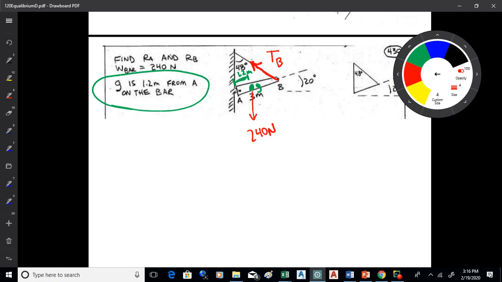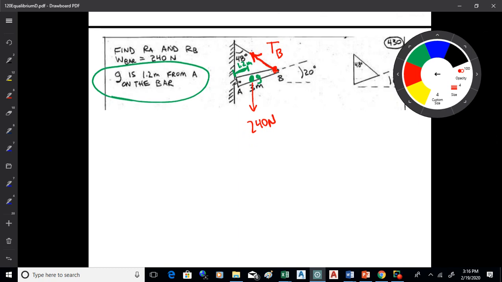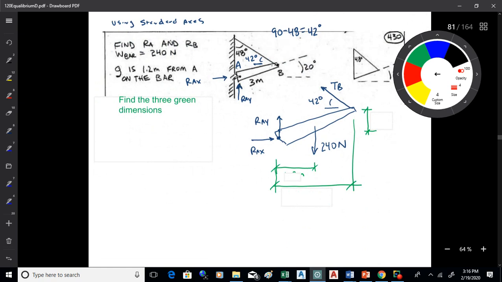Now with this approach, I'm going to have these forces, and the way we've been doing these so far, getting that one, especially at B, is going to get a little bit tricky, because I think what we would have to do is get two dimensions and then break the force up into X and Y components, and then combine those forces with dimensions.